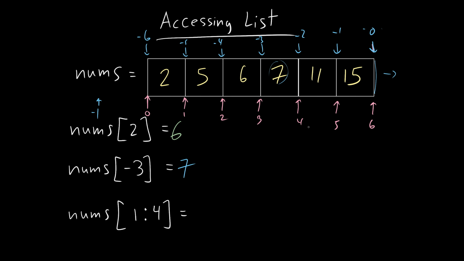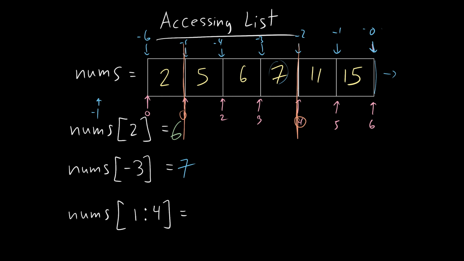Here's when this is actually super useful. So what does nums[1:4] give us? Well, this is actually a new syntax. This actually gives us a range. It gives us a subset of a list. So 1, what is 1? We have 1 over here. This is 1. So, okay, so we have this. And then 4, we have this guy.